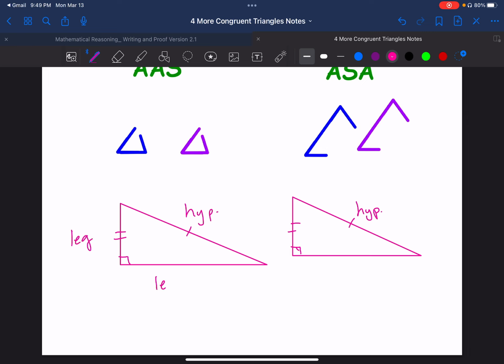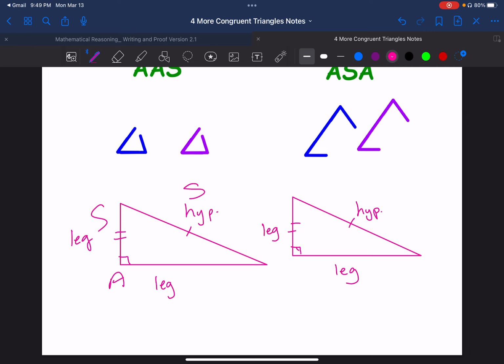This is a leg, that's a leg. So if we're given this 90-degree angle and any of these 2 sides, you might be led to think that this is SSA.